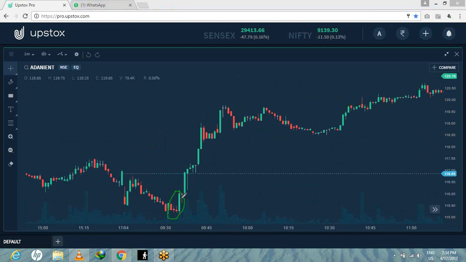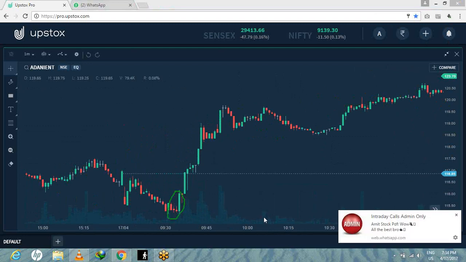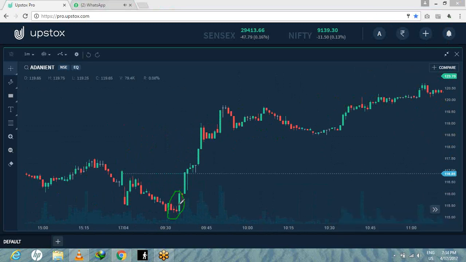This place is my bullish engulfing pattern. And see from here how this affects the market. This has gone up and up and up, so high, right?